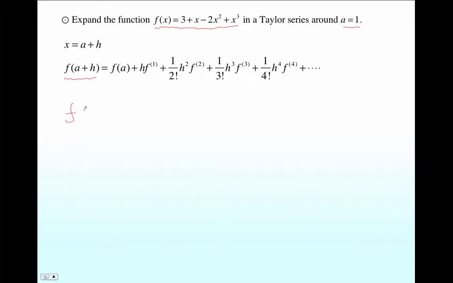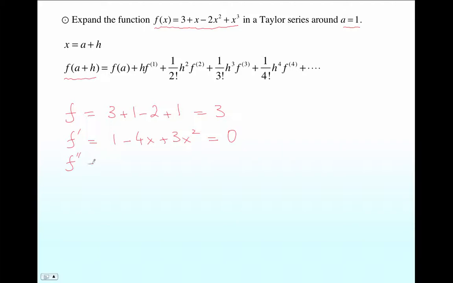So f at the point a equal to 1 or x equals 1 is 3 plus 1 minus 2 plus 1, which is 3. Take the first derivative, that's 1 minus 4x plus 3x squared. And when I put x equal to 1 or a equal to 1, that's 0.